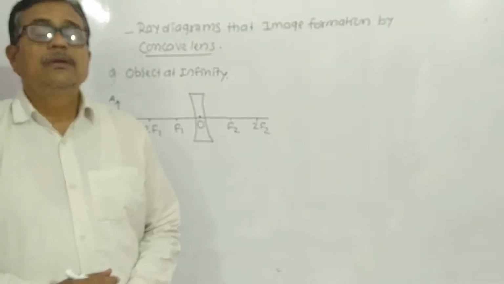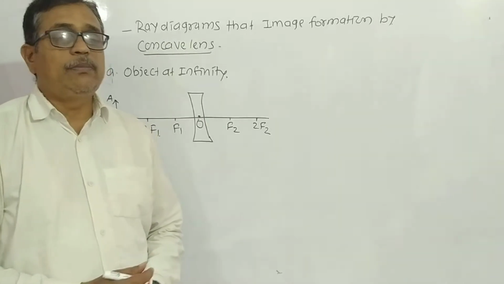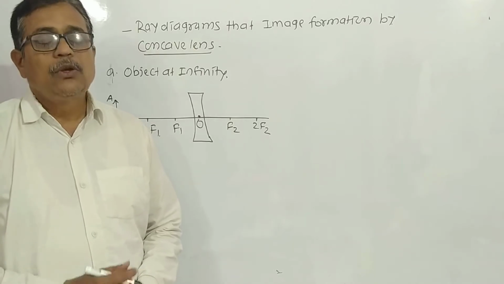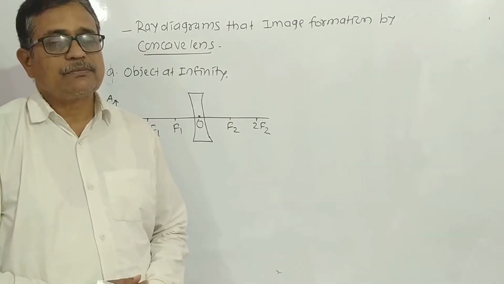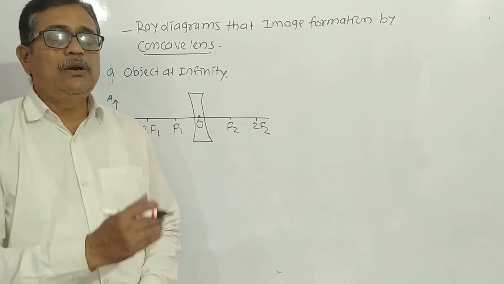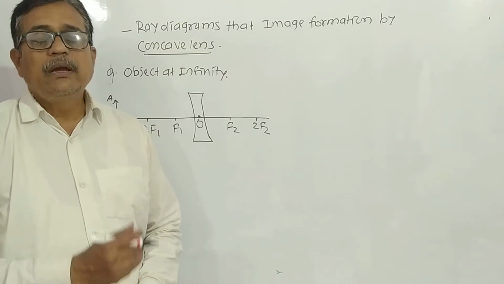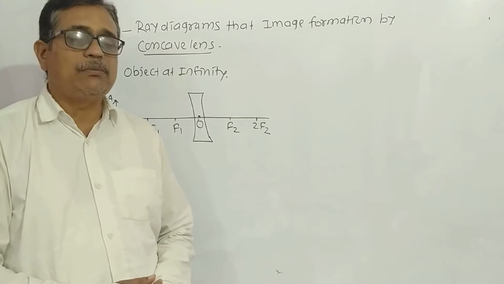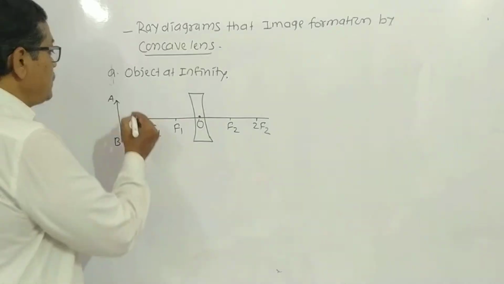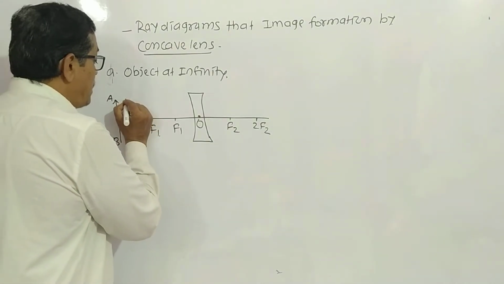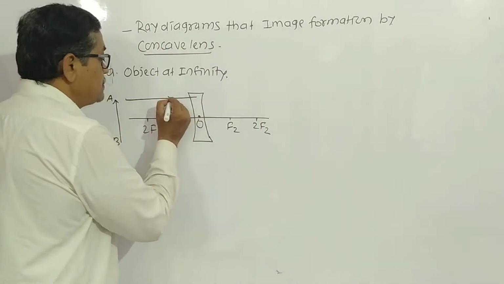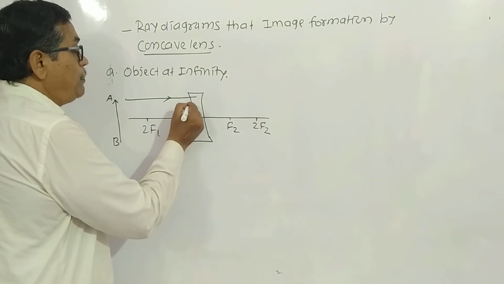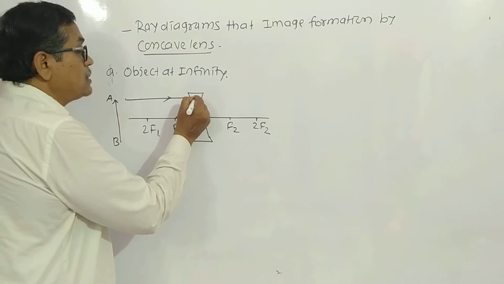When the object is away from the principal axis, dear student, we can use rule number 1. You know what rule number 1 is? Light ray parallel to principal axis, the refracted ray appears to come from the focus. Means in this way, light ray parallel to principal axis, this is the refracted ray, appears to come from the focus.